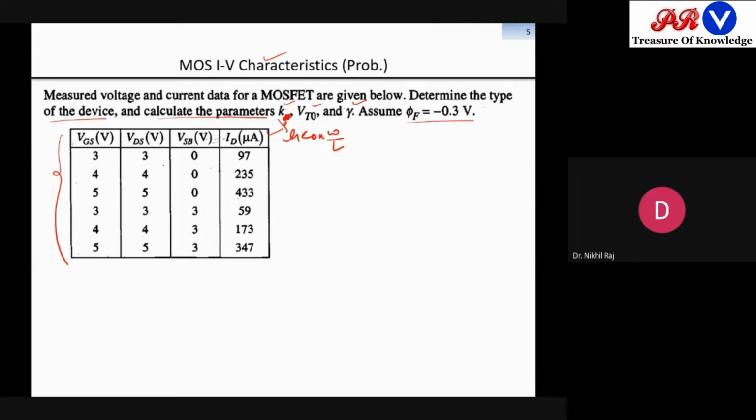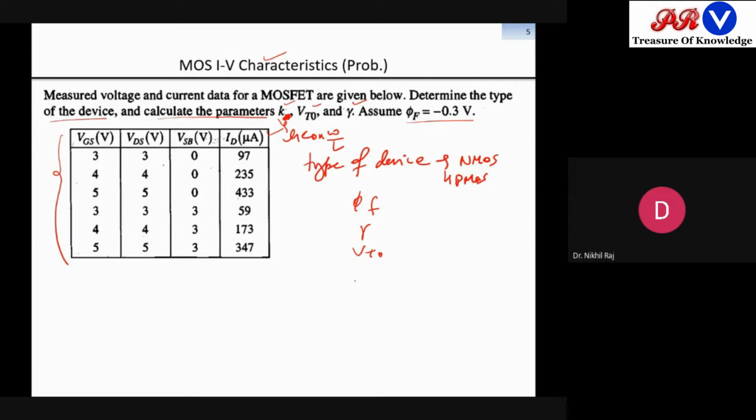Now in order to determine the type of device, meaning whether it is NMOS or PMOS, how will we determine it? There are various parameters like the phi f notation, gamma, and your VT naught. From the parameters given we can identify it if we know the signs of these.